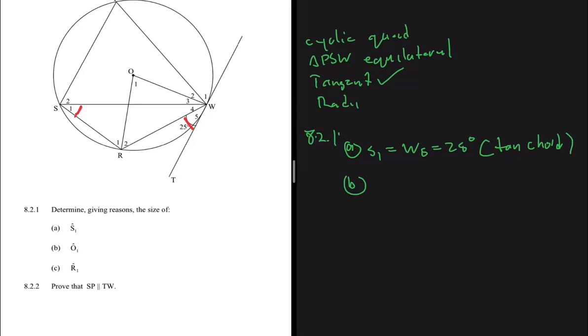So it cannot help us with anything. And then tangent, O1 is at the center of a circle. There's no immediate way that is connected to a tangent, right? Because usually when we're talking about tangent, we're talking about the Tan-chord theorem. And now the only option we're left with is radii, right? Let's look at how radii can help us.